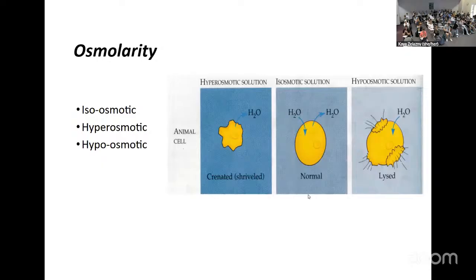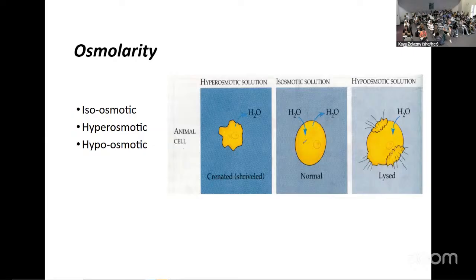So you may have discussed tonicity in the past. We can describe tonicity of substances and we can describe osmolarity of substances. There's a slight difference, but the phrasing is going to be similar. Okay. So when we're at a sort of equilibrium state, water isn't moving on net in any direction.